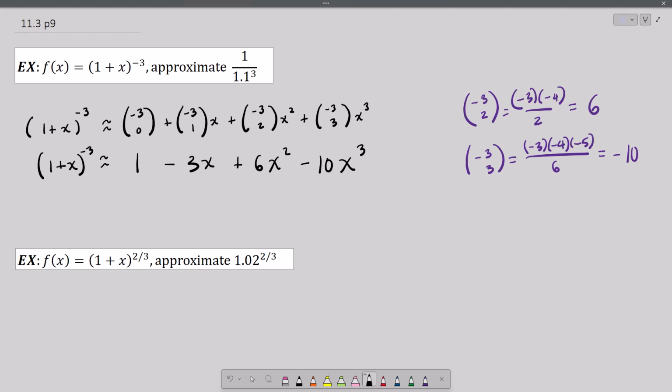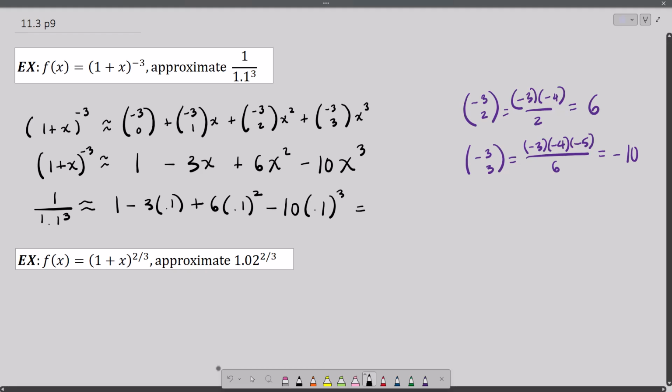Okay. What is x in this case? If we want to approximate this quantity, 1 divided by 1.1 cubed, what is x? 0.1. So 3 times 0.1 plus 6 times 0.1 squared minus 10 times 0.1 cubed. Now we jump to our calculator.